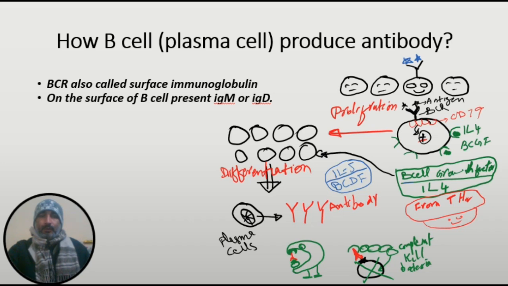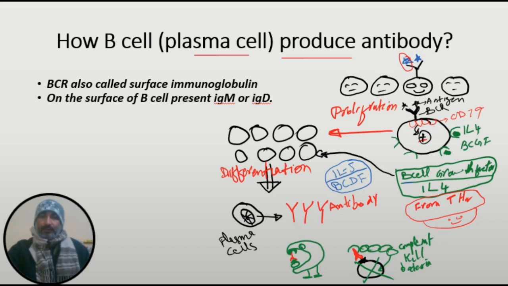So how does the B cell, actually the plasma cell, produce antibodies? These are the mature plasma cells which have antibodies, IgM or IgD, that bind with the antigen, this star antigen.